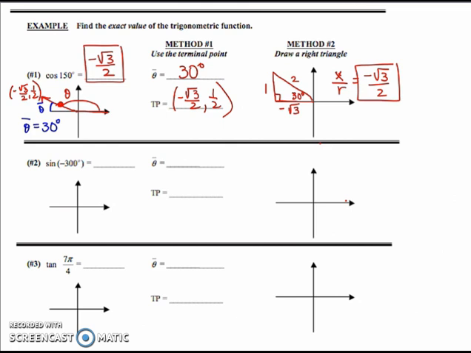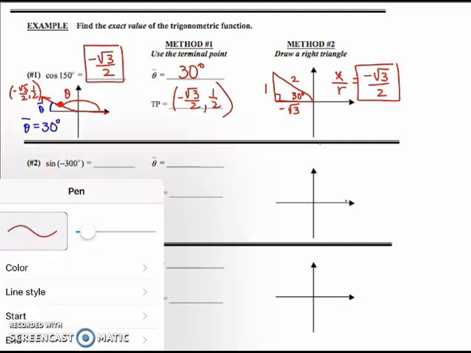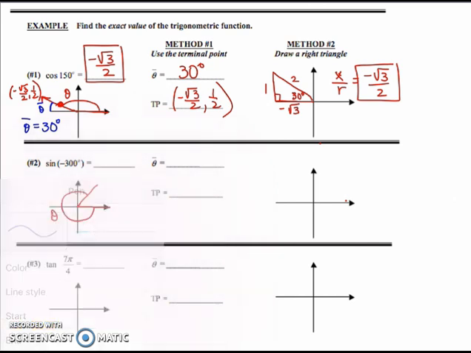The next example, we're going to do the same way. If we're looking at the sine of negative 300 degrees, well, negative means we are going clockwise instead of counterclockwise. So our initial side is going to be here, our terminal side is going to be here, and our angle is going to look like that. This is going to be our theta. So then our theta bar is going to be that distance right there.